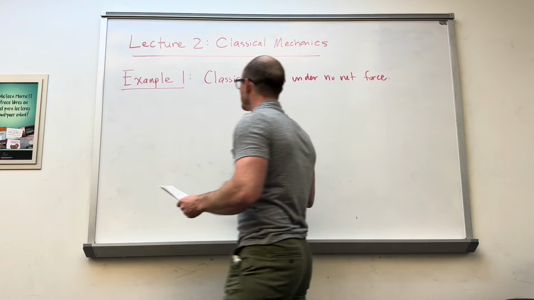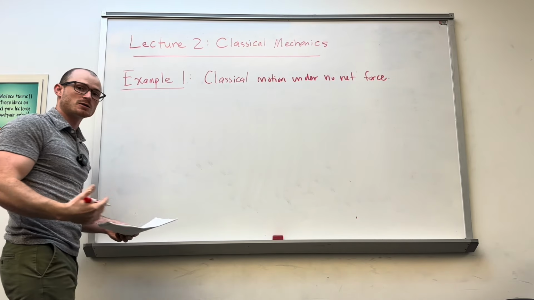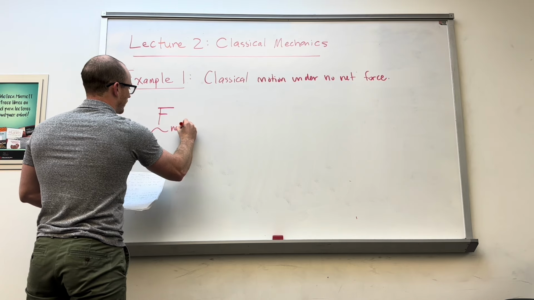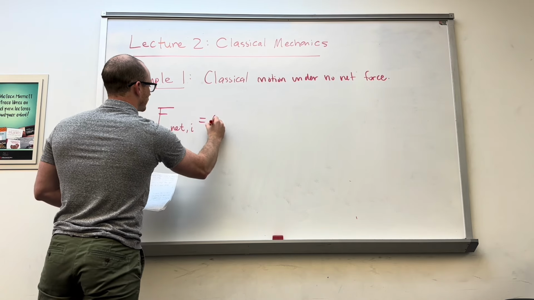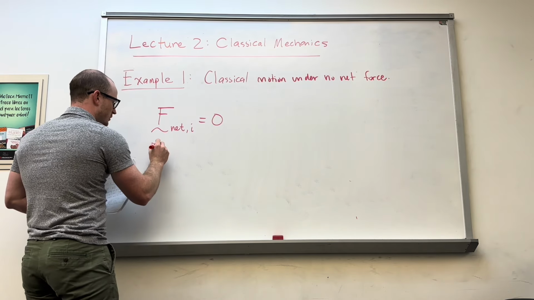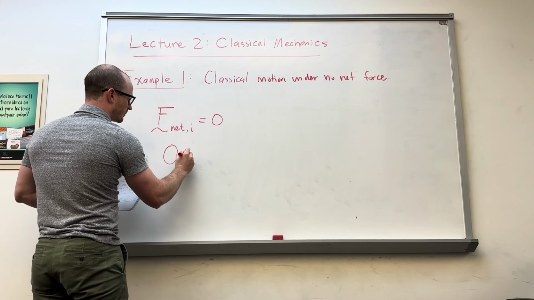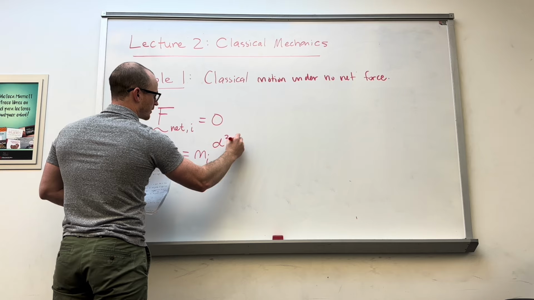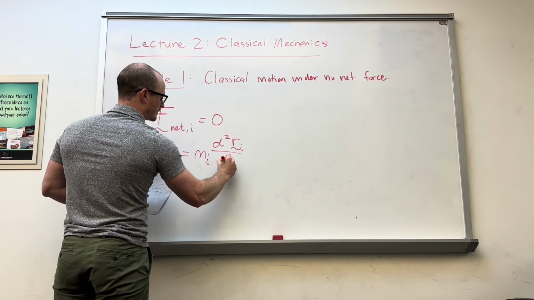So let's write Newton's equation of motion for a particle that's experiencing no net force. Well, we have F net on particle I is 0. Newton's equation of motion is then 0 equals the mass of I times d squared position of I, dt squared.